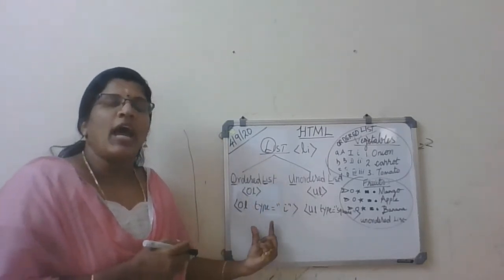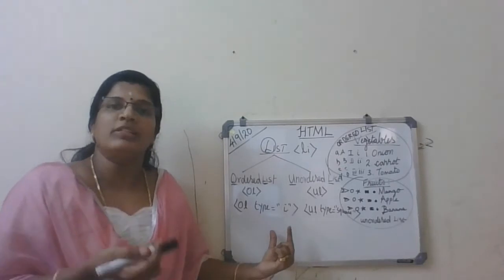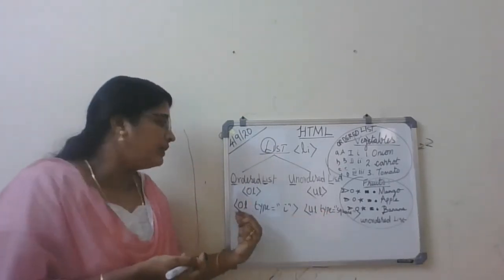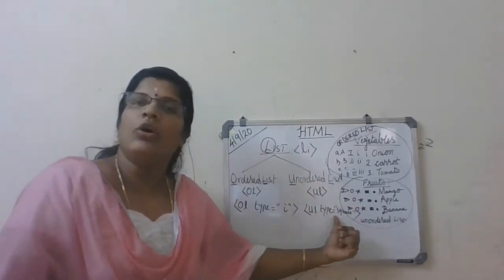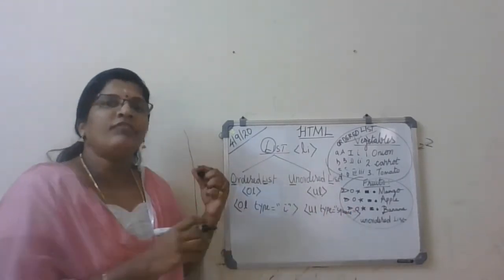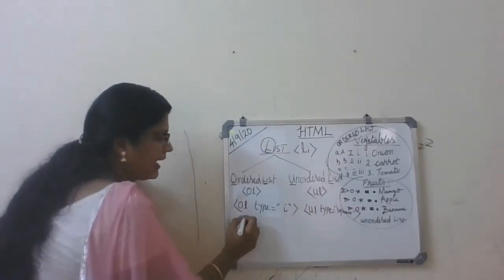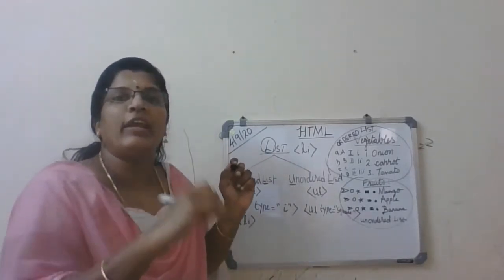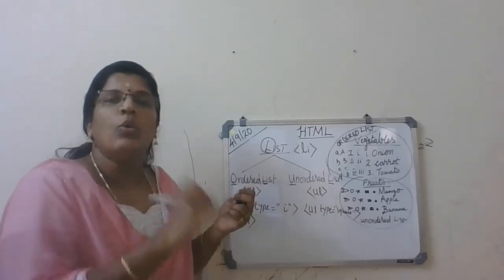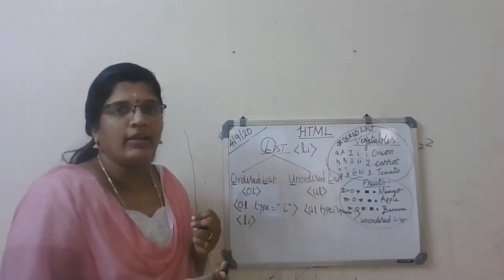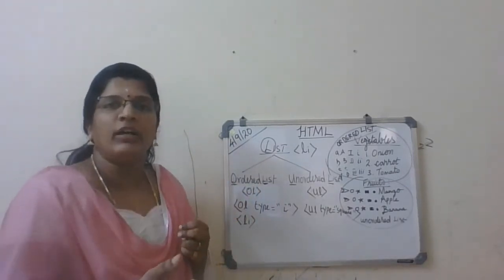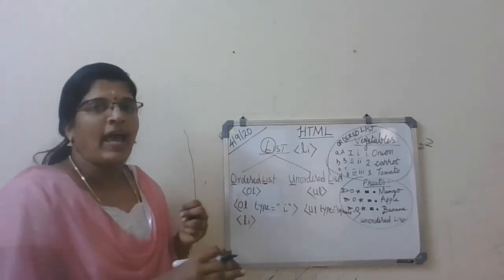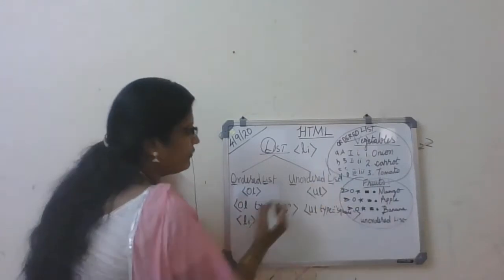Then you have to think what type of list you're going to use, whether ordered list or unordered list. If it's an ordered list, you write this syntax. Unordered means write this syntax. After this, you have to do LI, meaning the list items. Before and after every item, you have to open and close the list tag. So LI, what is the first one?